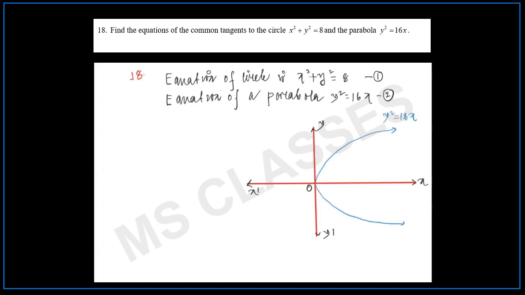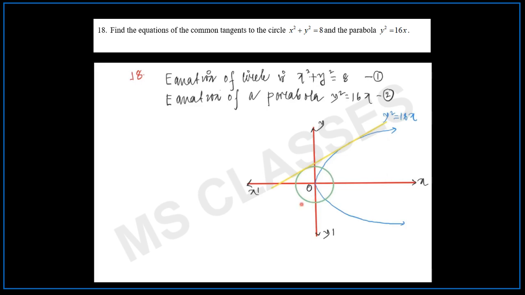Now the circle, center is the origin. And we can imagine a tangent like this. This is the common tangent which we can get.